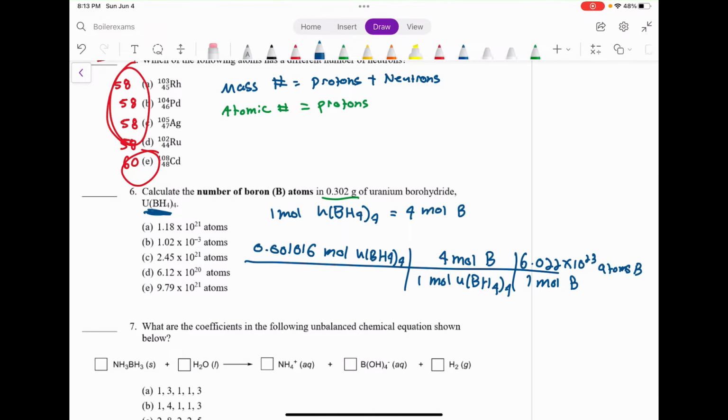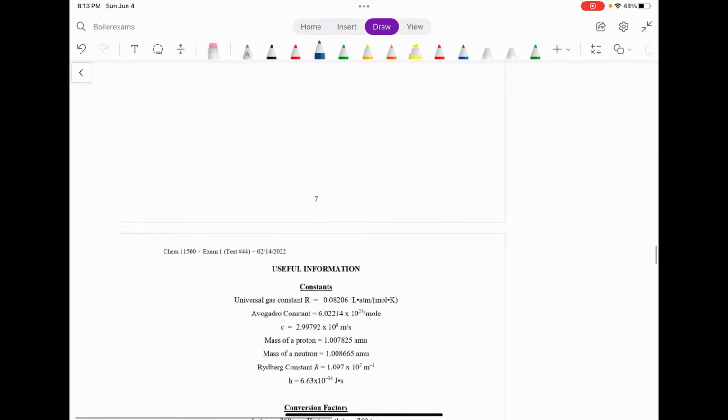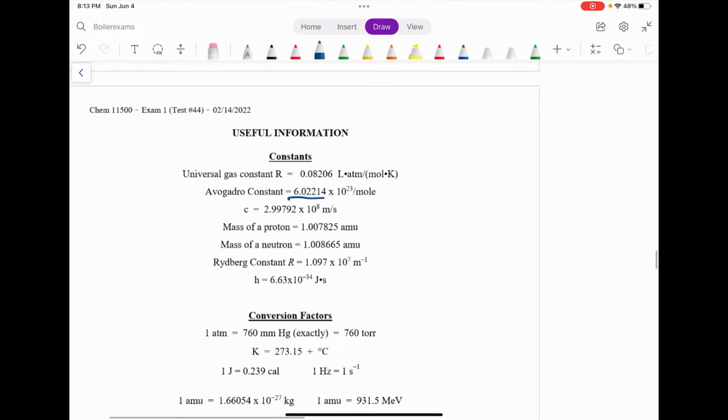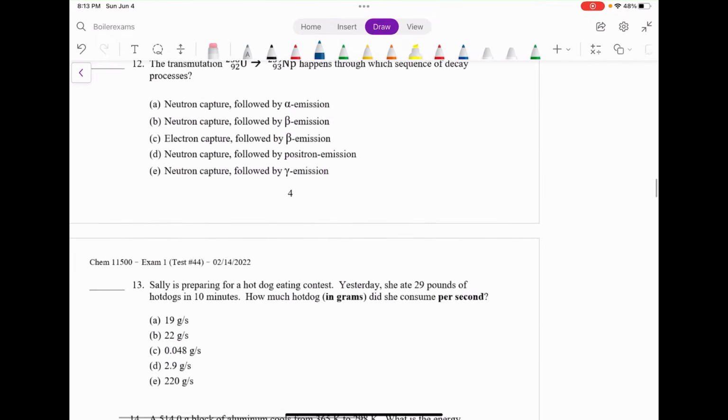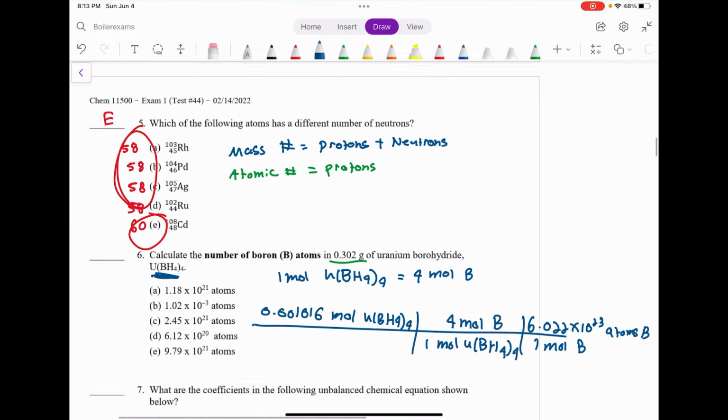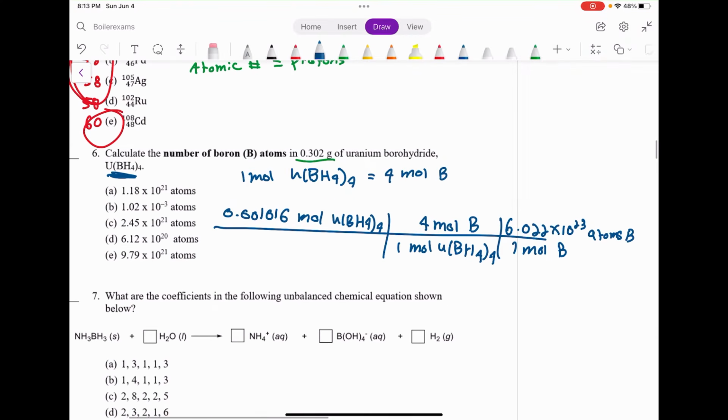And I think that's Avogadro's number. Let me just double check. Yeah. So Avogadro's number is the number of atoms in 1 mole. So that's how we're going to go from moles to atoms. Throw this all in our calculator. Multiply all the top, divide by the bottom.